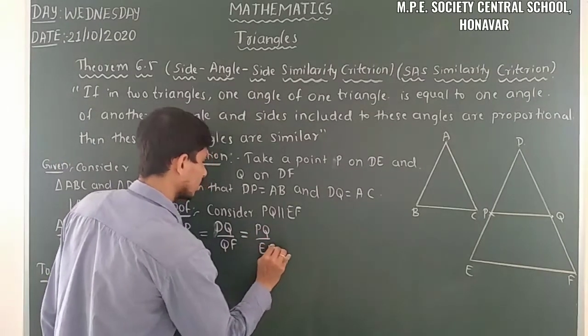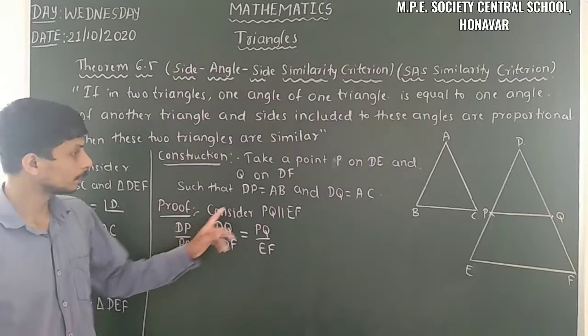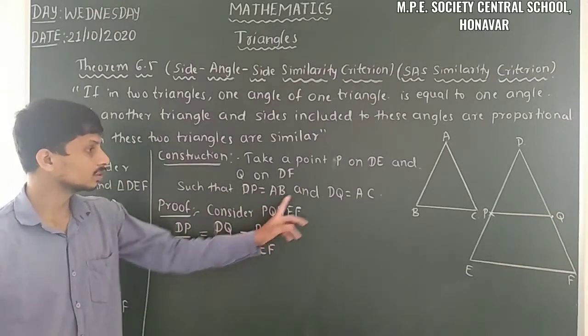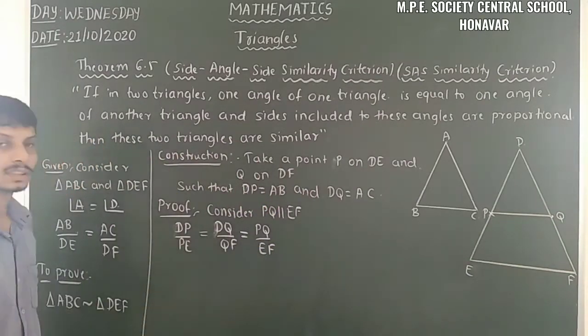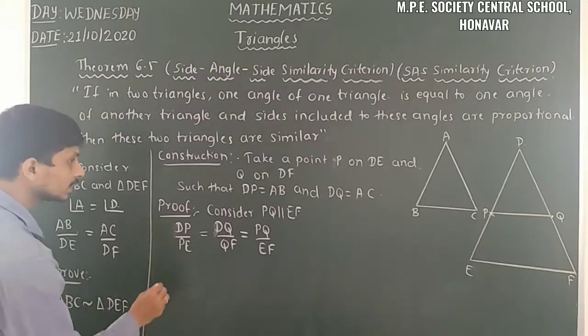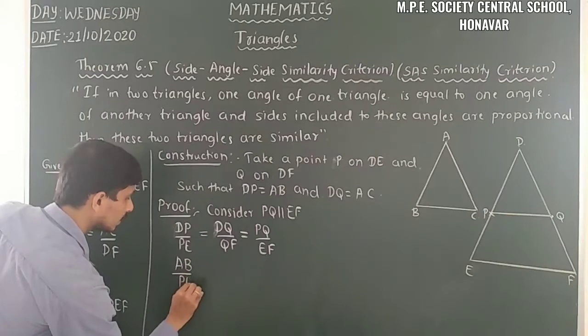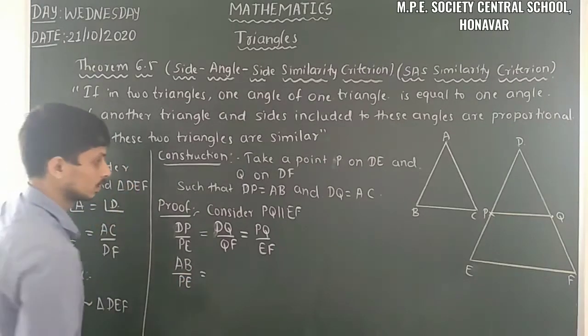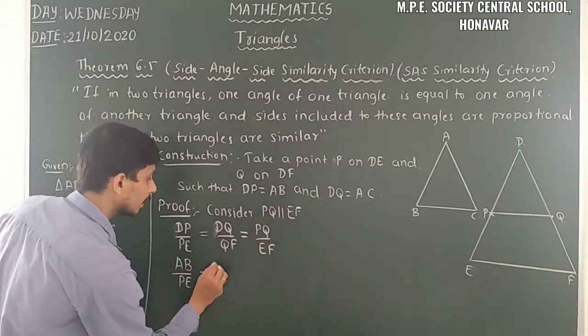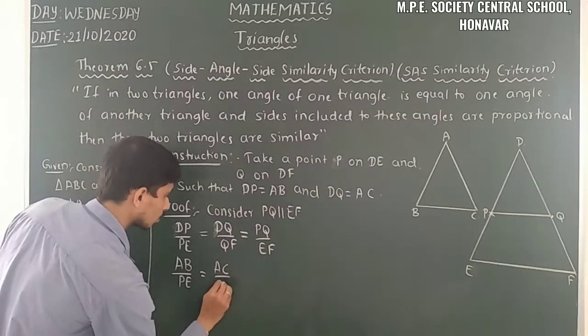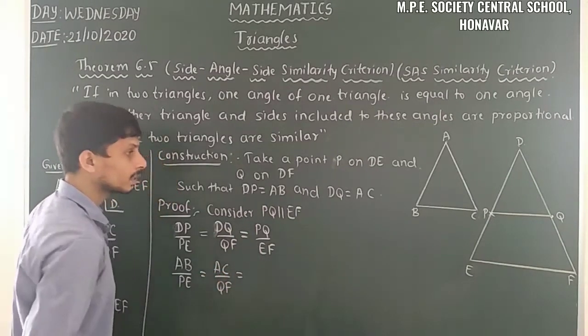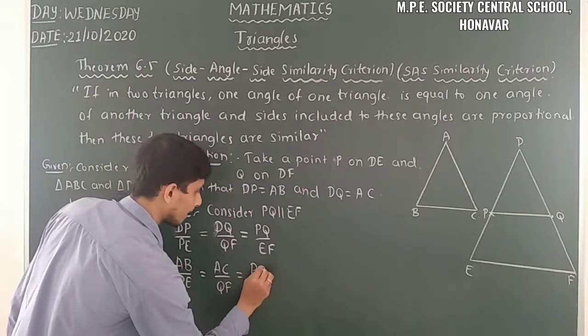Here we know that DP is equal to AB and DQ is equal to AC, so let us take that. That is AB by PE is equal to AC by QF is equal to PQ by EF.